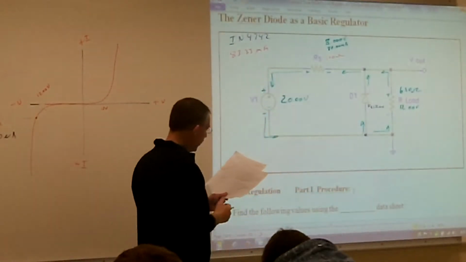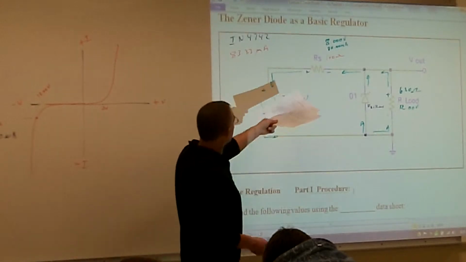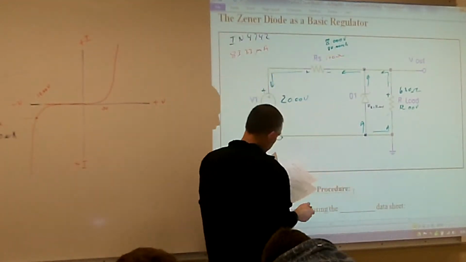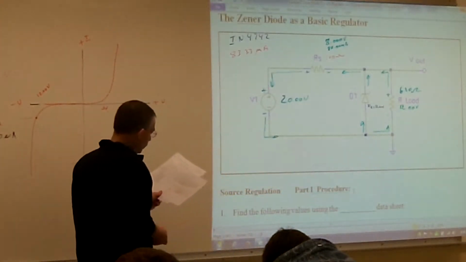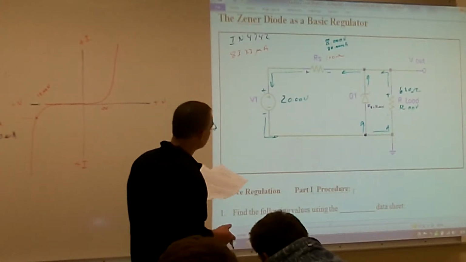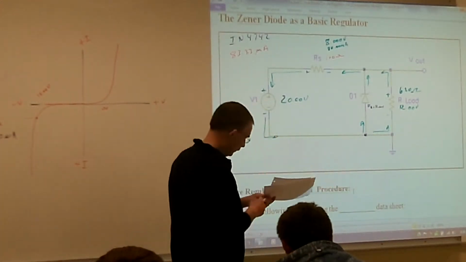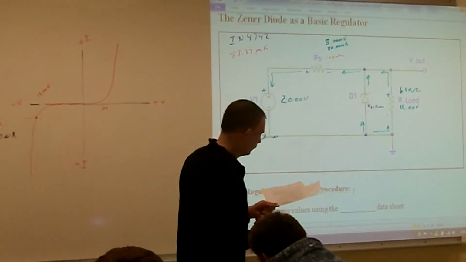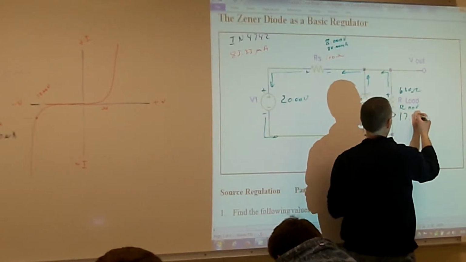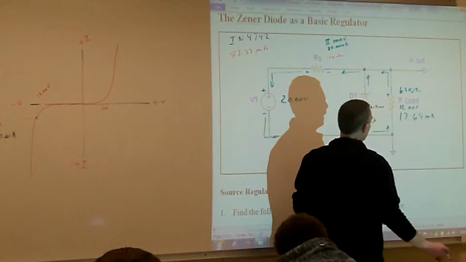So I have 80 milliamps of current going through my current limiting resistor, which is also my total current. Then how much current do I have going across my load? 17.64 milliamps.